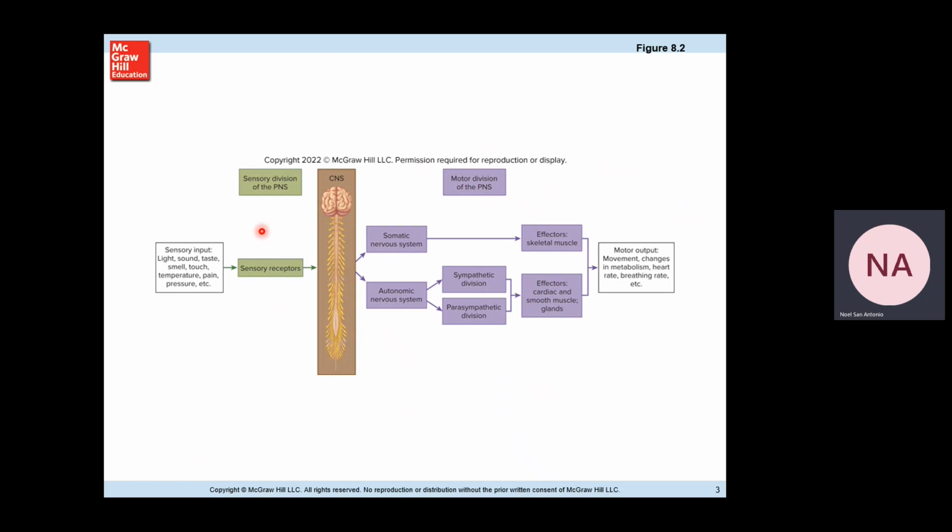So as you can see, in this figure 8.2, it shows the two divisions of the PNS. Still in the middle, you have the central nervous system. Again, it's your brain and the spinal cord. And then on both sides, you can see the divisions of the peripheral nervous system.